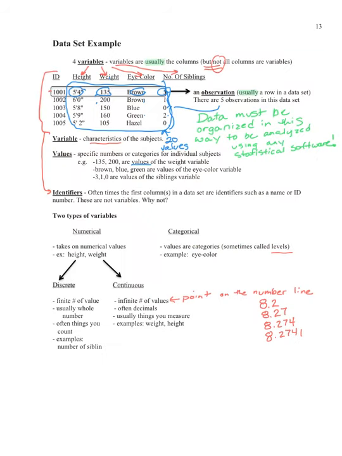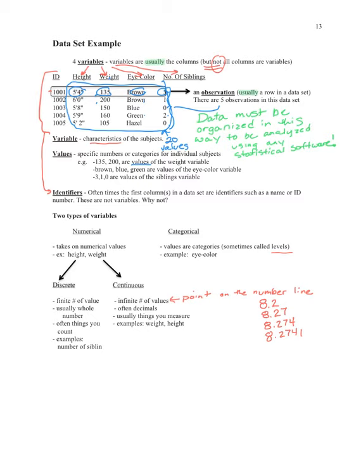So discrete numeric variables are often things you count. For example, number of siblings, 3, 1, 0, 2, 0. You can't have 2.7 siblings. It's an item that we're counting. Continuous numeric variables are usually things you measure.